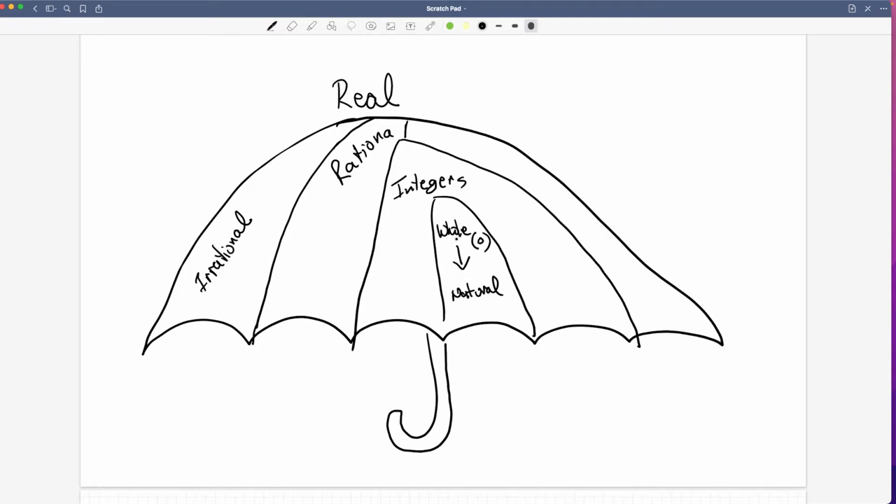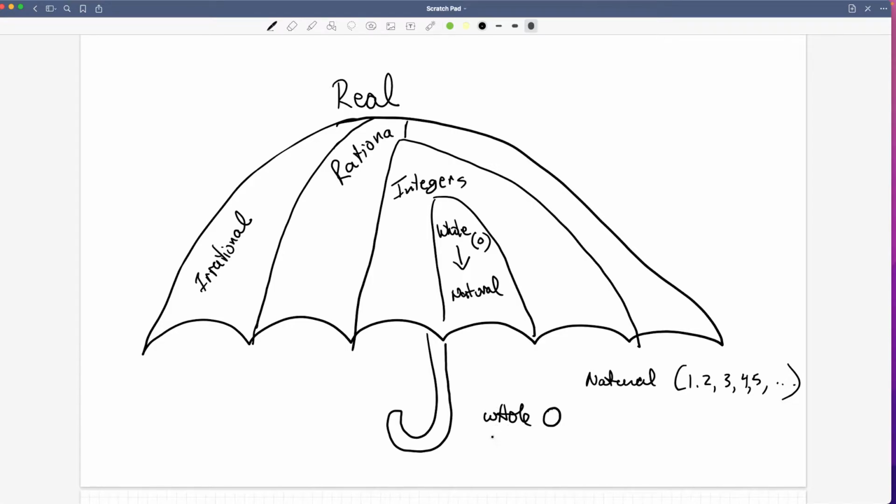What I like to think about the difference between the two is, you have your natural numbers, which are 1, 2, 3, 4, 5, and so on. And then you have your whole numbers, which include 0. If you think about it, 0 is a whole.